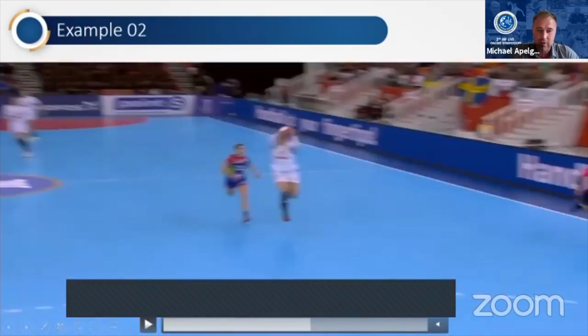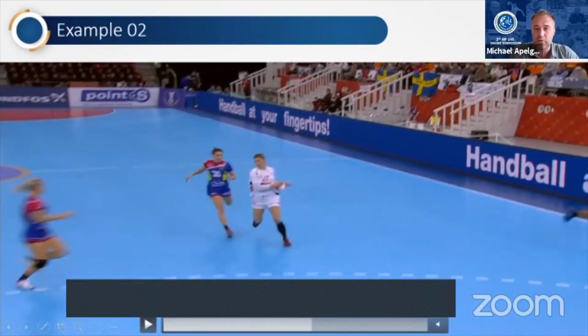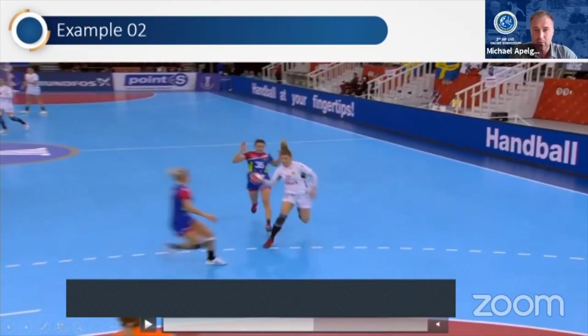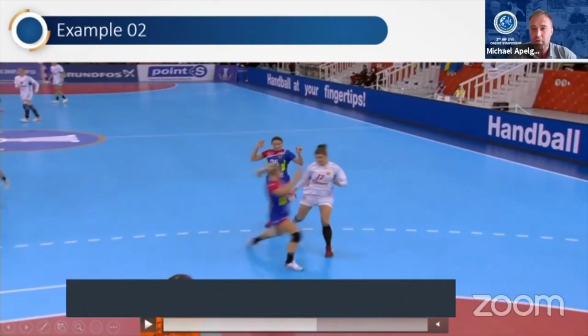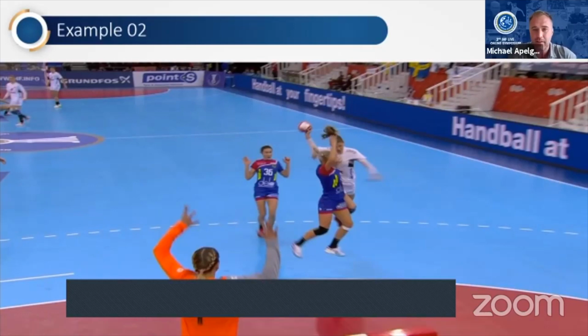And I would say as a coach to my players that if you are not willing to sacrifice your body totally and to be really in the way of the defender, I prefer that they go for a free throw. It's not worth for my team to take the risk that maybe the referees give us something. Maybe it's better in this situation that we take the free throw and then it's no risk.